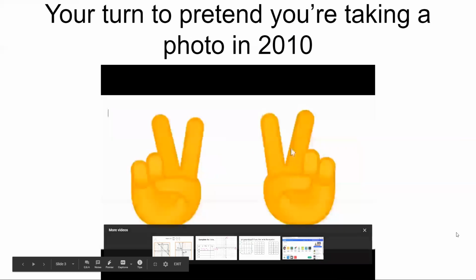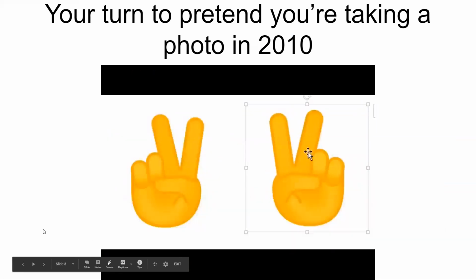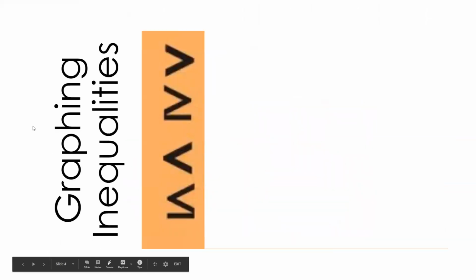Hopefully you can tell me which one is which now. Your options are less than or greater than, and then you have less than or equal to and greater than or equal to. Tell me which one's which, pop your peace signs in front of you, and figure it out.